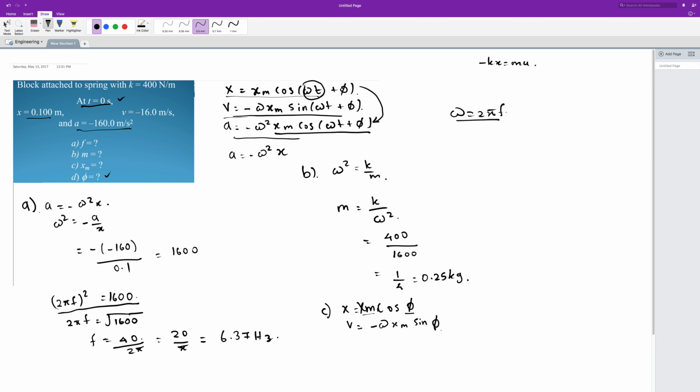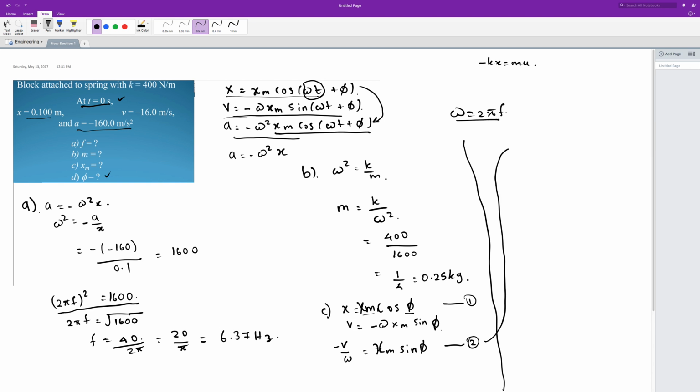First of all, I'm going to bring the omega and the minus sign to the other side. So this is going to be minus v over omega is equal to xm sine phi. Let's say this is equation 1, and this is equation 2. Now I'm going to divide the second equation by the first equation.